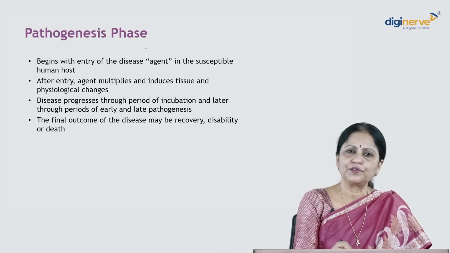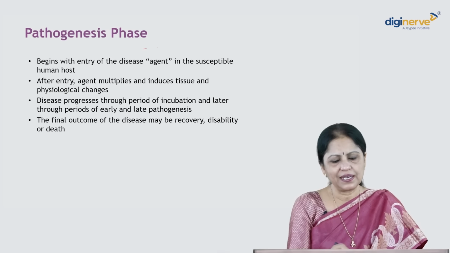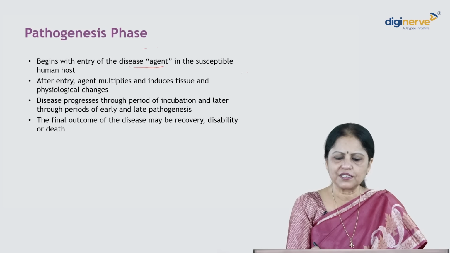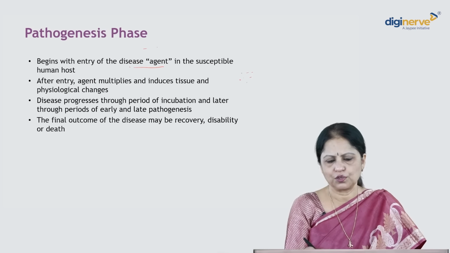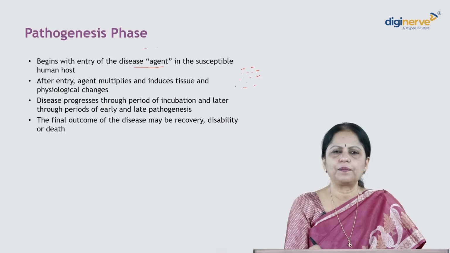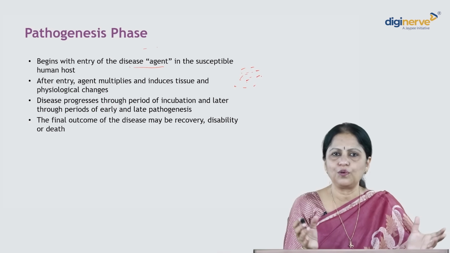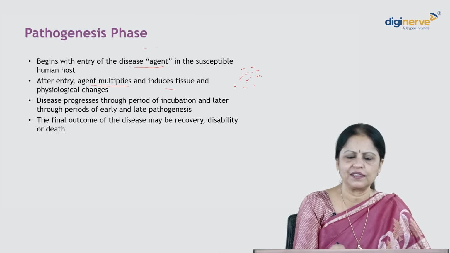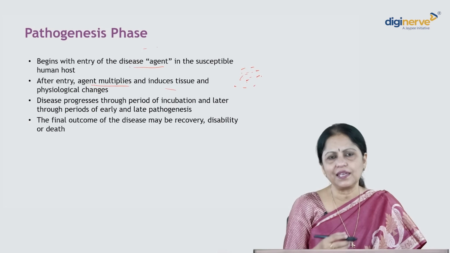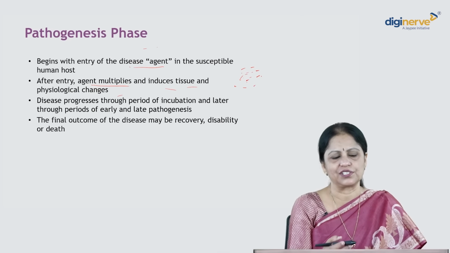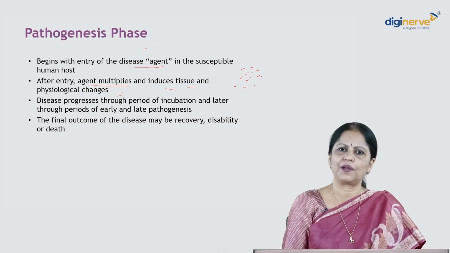Then comes the pathogenesis phase, which starts with the entry of the disease agent in the susceptible host. The agent, the bacteria, enter the host, many enter, and they multiply, and many more. So the dose of exposure, as I had said, a whole lot of bacteria or the agent are there within the body, and they affect the tissues and the cells, and they induce the pathophysiological changes and biochemical changes.